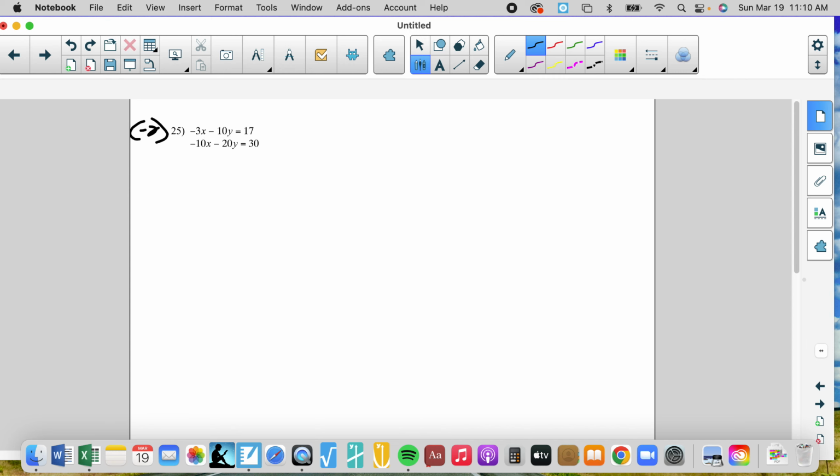So I need to multiply, if I'm going to make it an equivalent equation, I need to multiply everything by negative 2. So negative 2 times negative 3x gives me positive 6x. Negative 2 times negative 10y gives me positive 20y. That was what I was shooting for. And negative 2 times positive 17 is negative 34.